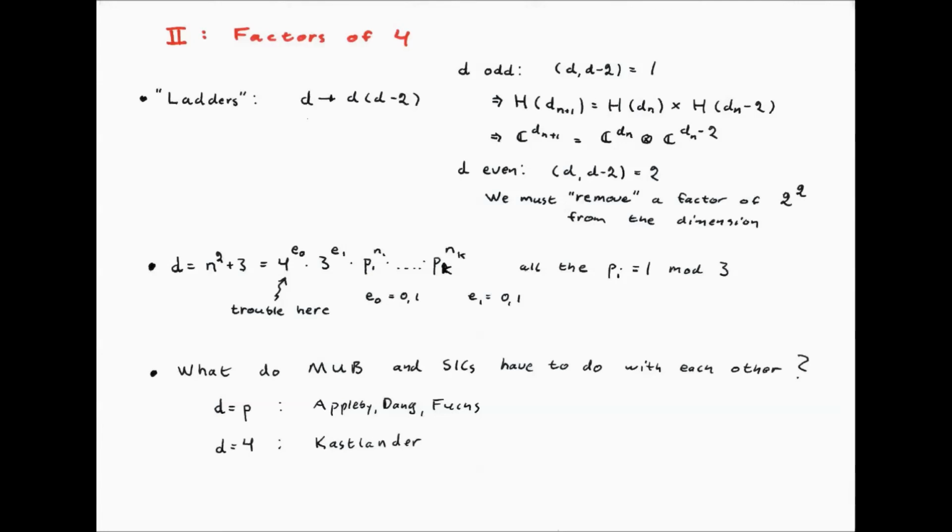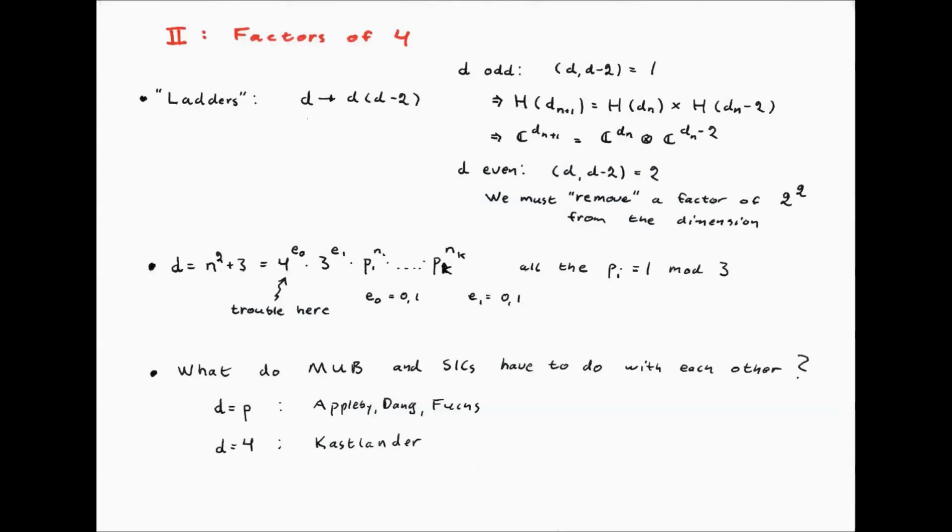If you're looking at these ladders here, if D is odd, so if you know the SIC in dimension D, you're trying to construct this SIC in dimension D times D minus 2. If D is odd, D and D minus 2 are relatively prime. That means that the Heisenberg group splits as a direct product. The Hilbert space splits as a tensor product. You can use elementary entanglement theory to get around.